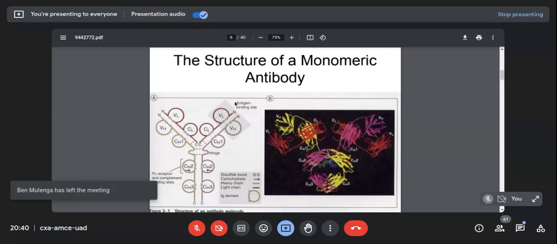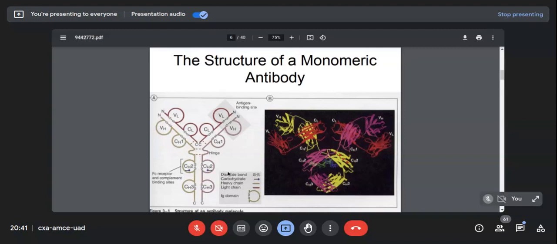And this was a picture I was showing of how an antibody looks. An antibody is also called an immunoglobulin. So I gave you a picture of how it actually looks, and I said I'm going to come back and explain what all these VL, CH, CL labels basically mean.